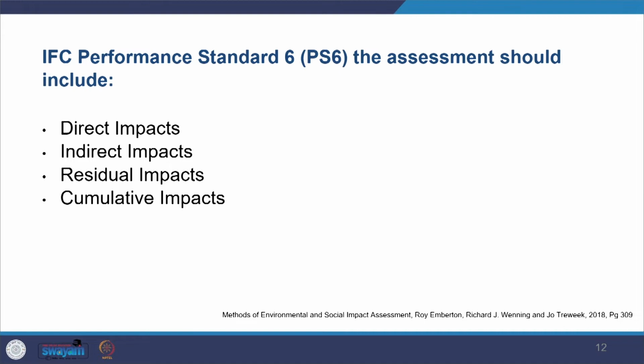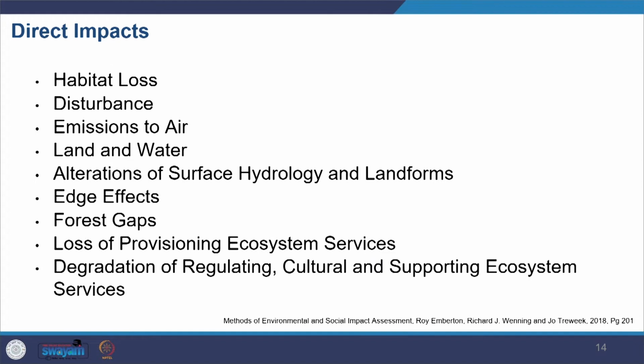So the IFC Performance Standard 6 gives you what are the direct impacts, what are the indirect impacts, and so on. So that has to be seen in the area which will be affected by the proposed development. Looking at the direct impact, there are a range of direct impacts.